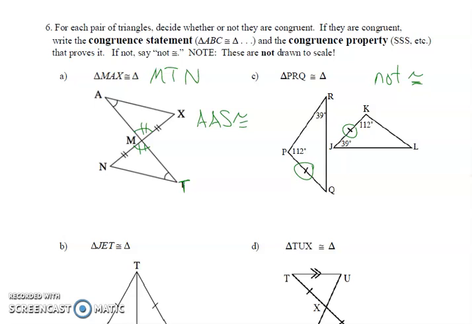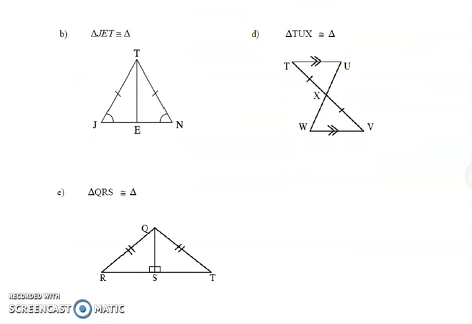Problem B probably was the most missed of the 5. A lot of you assumed that TE was perpendicular to JN, but there are no right angle marks there. So the triangle could be drawn this way.